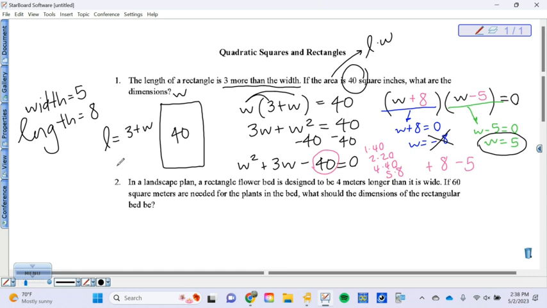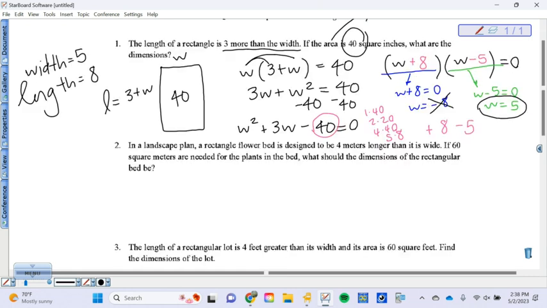Let's do number 2. Same idea, except I'm going to change the numbers. So for number 2, we're going to make this 6 meters. The flower bed is 6 meters longer than it is wide, and the total area is 27 square meters, needed for the plants in the bed. What should the dimensions of the rectangle be?